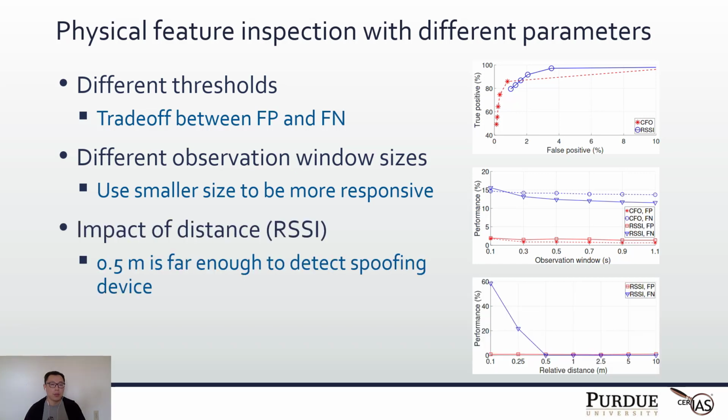We have also evaluated the impact of distance for the RSSI inspection, since the distance could affect the RSSI value. As we can see from the figure, if the benign and malicious devices are further than 0.5 meter apart, BlueShield could robustly detect the spoofing device.